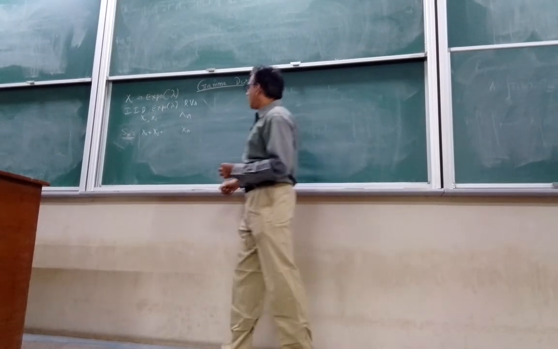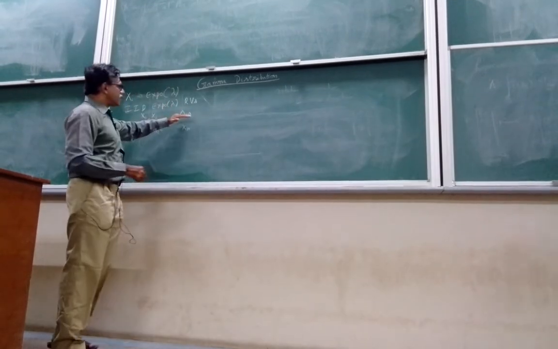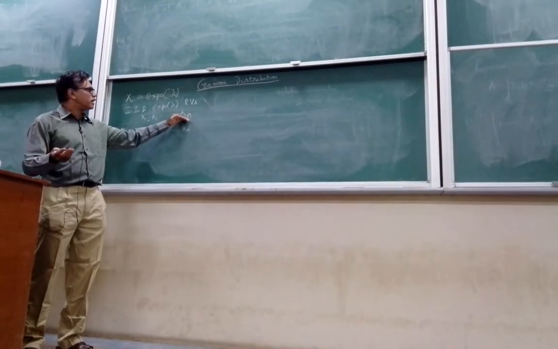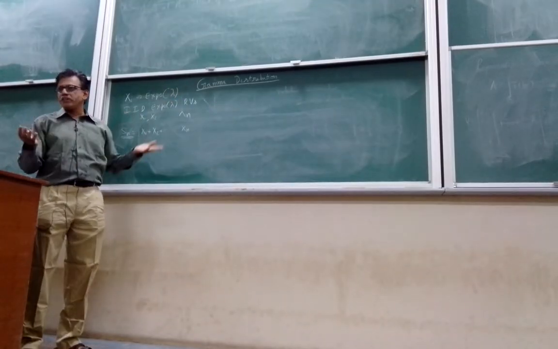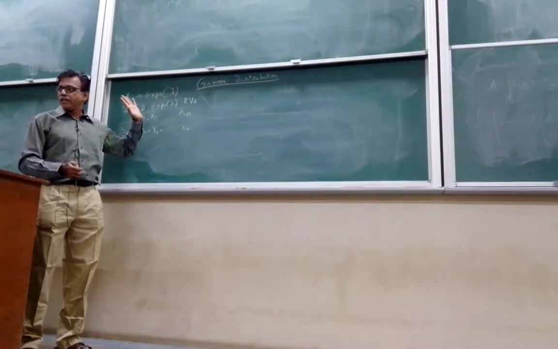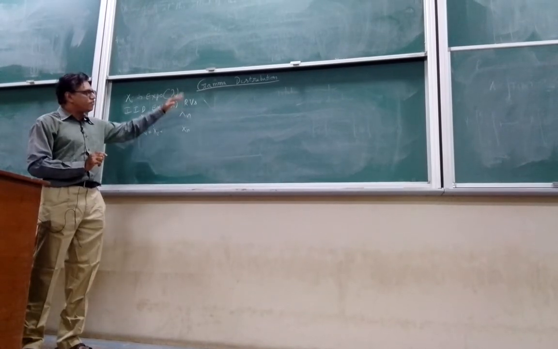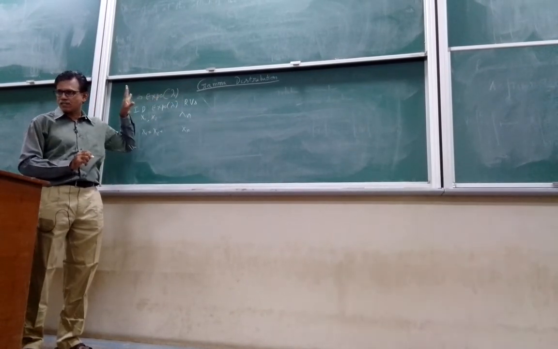So this interpretation of n IID exponential distributions can also be generalized. n need not be an integer, it can be a general value. When n is an integer, then this gamma distribution has a special name called the Erlang distribution.